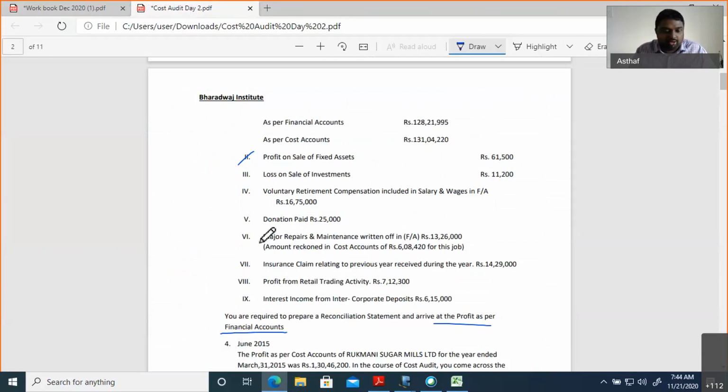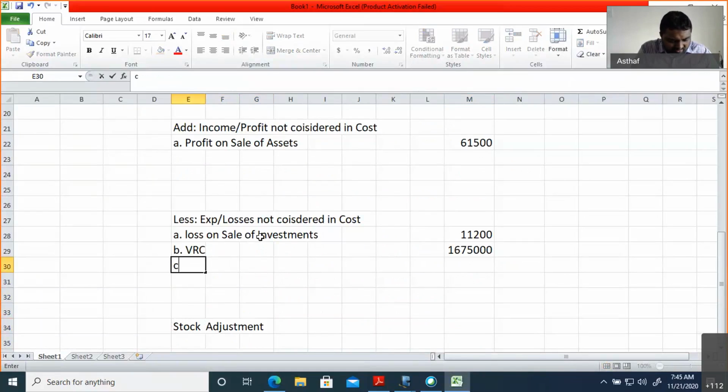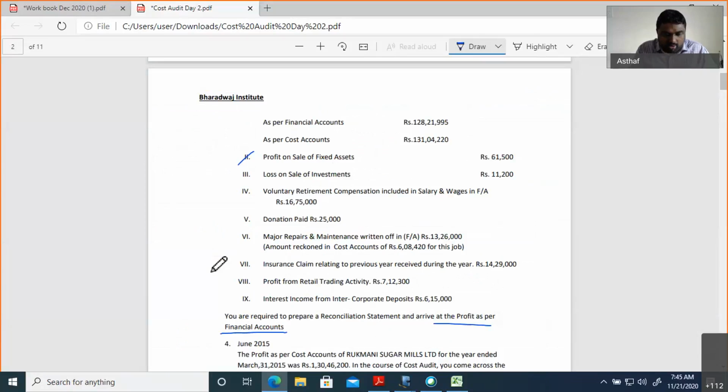A donation, that was also the same criteria. What is the donation amount? 25,000.